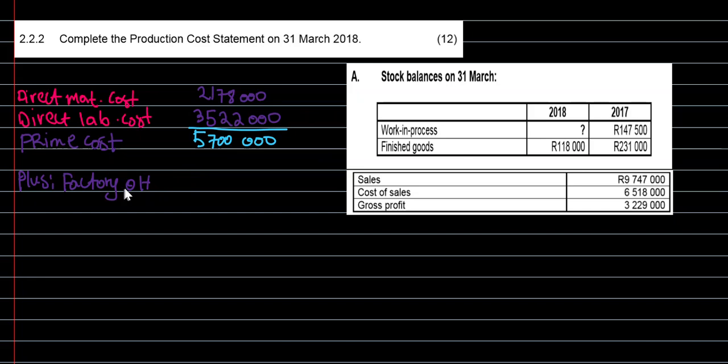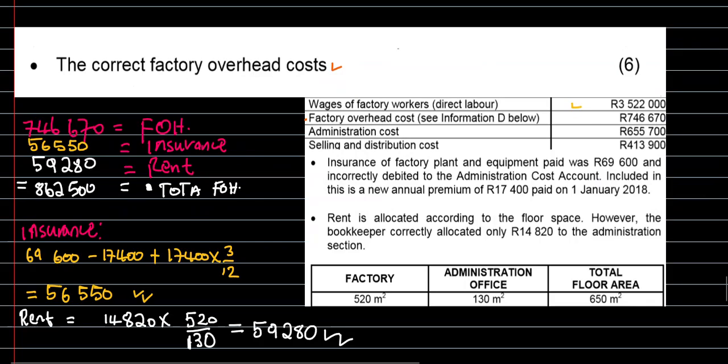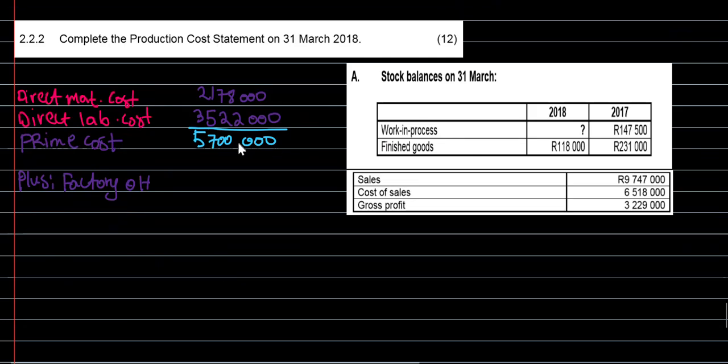Now we're going to have a plus factory overheads cost. This one we've just calculated above. Here is the total factory overheads, 862,500. Let's take this money and put it next to the factory overheads cost. So factory overheads cost is 862,500. We're going to add prime cost plus factory overheads cost.